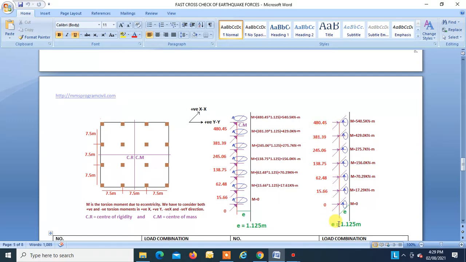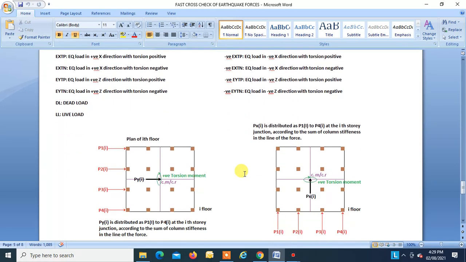So E is equal to 1.125, right? So M is equal to 540.5. So this is your terrace level slab, and this is your lateral load, that is 480.45, and this is your torsional moment, that is 540, right?